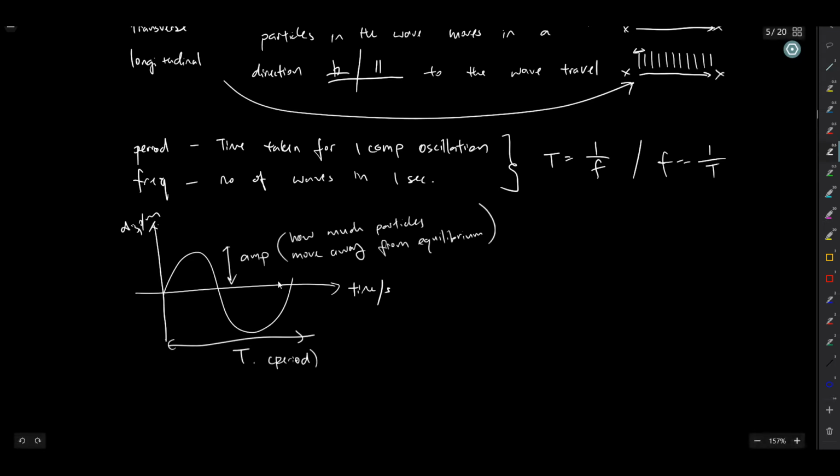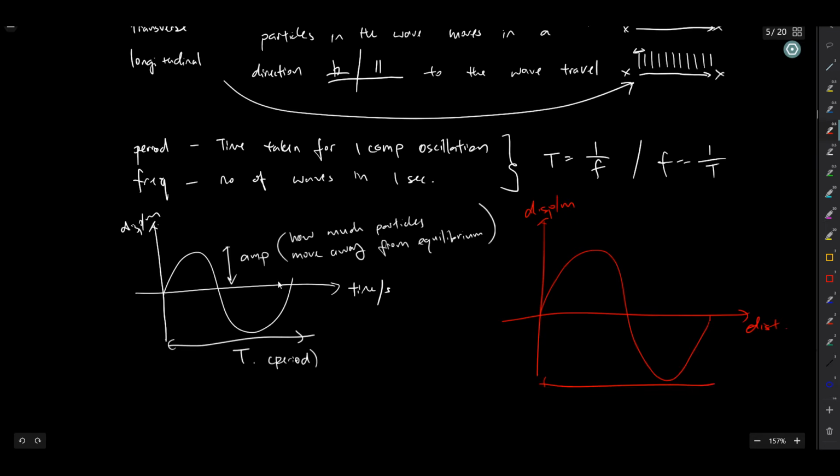And the second graph we have here is our displacement-distance graph. The graph looks similar, but it tells of a different quantity. Over here, this is your lambda, which is your wavelength.